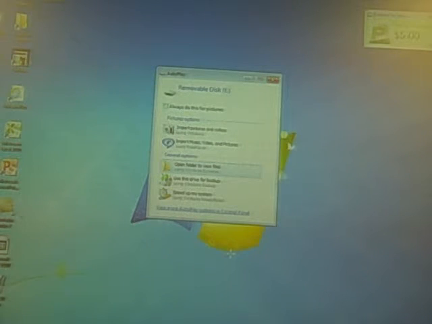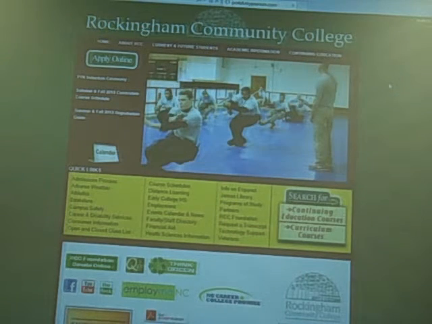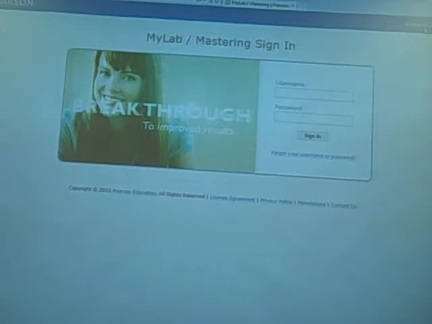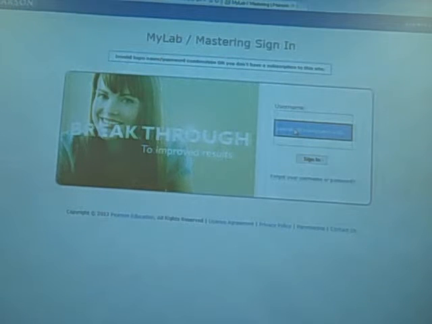Let's just look real quick in MyMathLab. This is lesson 19.